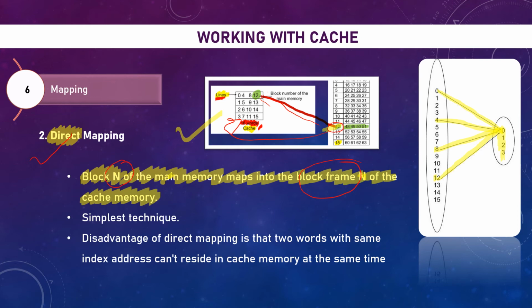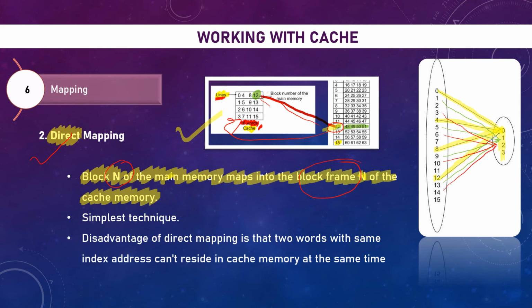Similar way, let's say I want to map 1. So 1 will definitely go to the 1, then 5, then 9, and then 13, right? All these blocks will go to the 1. Let's say 2 will go to the 2, then 6, then 10, and then 14.